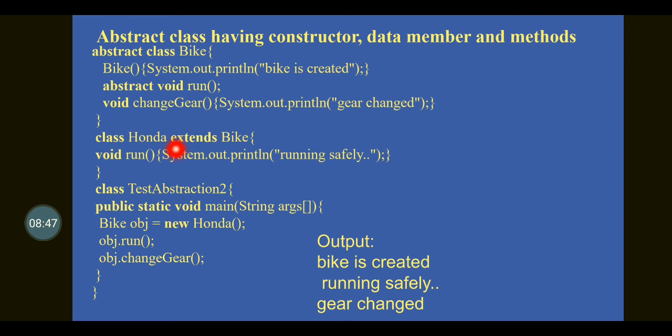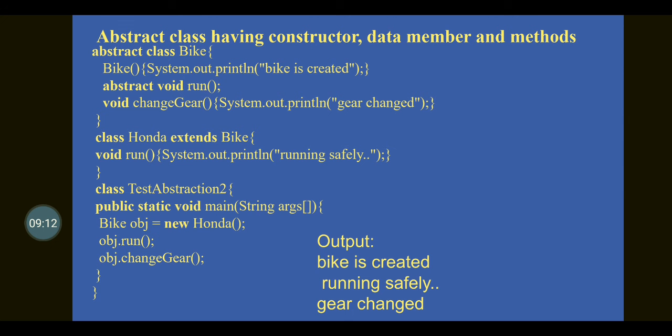There is no constructor inside the Honda class, but the default constructor will be called by the Java compiler, and in turn from the derived class the base class constructor is also called automatically, so the Bike constructor will be called automatically.